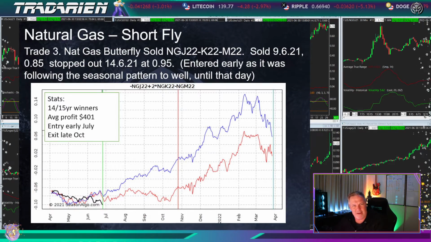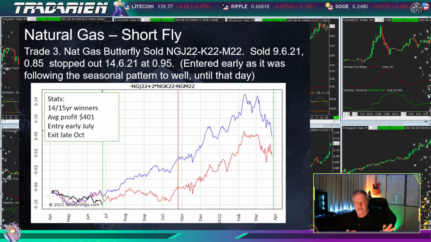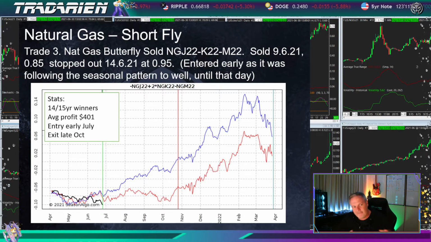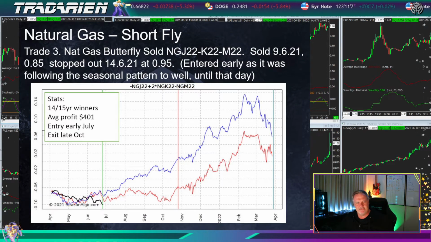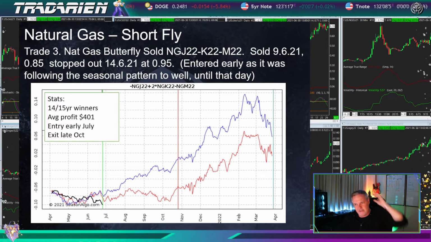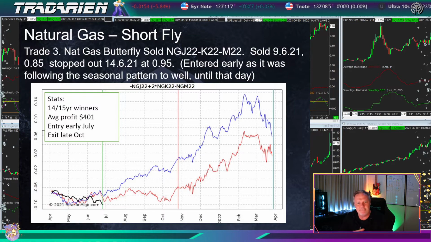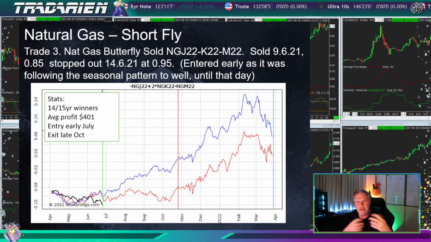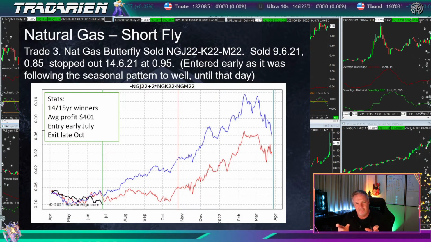To explain what a butterfly is, let me take a minute to explain that. And again, this looks like a really good seasonal spread on paper, but there are some things that aren't as they appear. But let's have a look at that. A butterfly spread is essentially a spread of two spreads. If we talk about a calendar spread, for example, April-May natural gas, creating a butterfly spread out of that would be then trading the May-June natural gas.